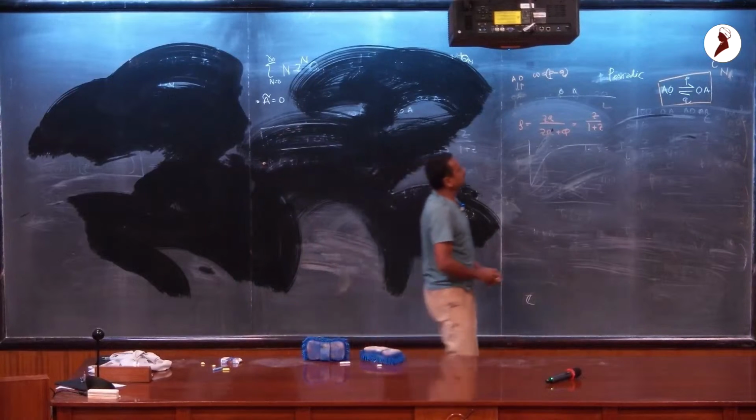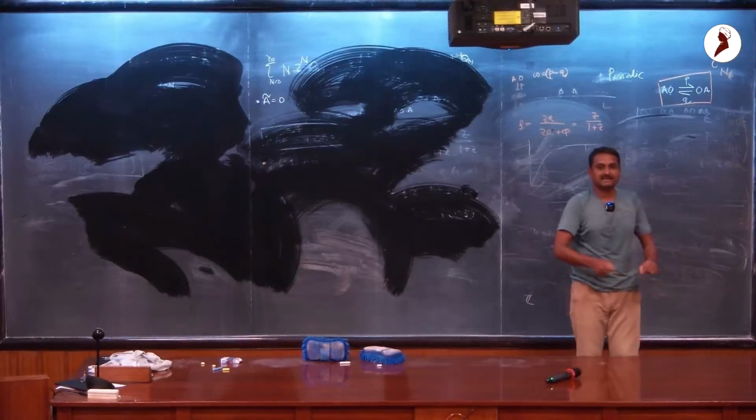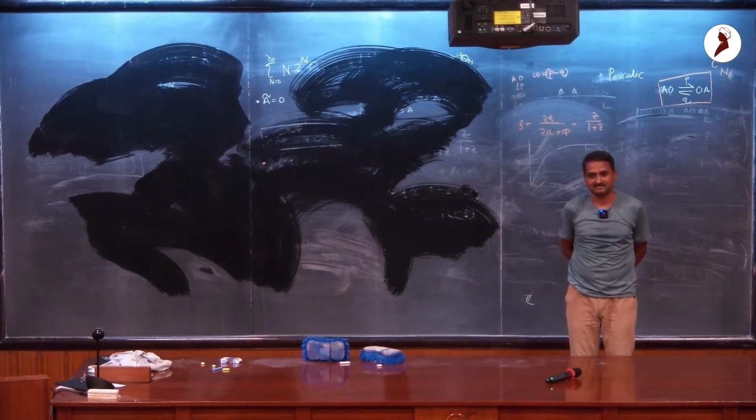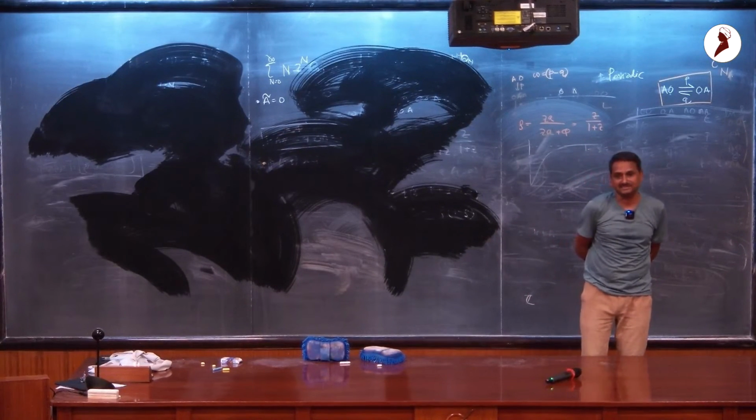So now you have this equation, but the lattice has more particles, one more species. There are A's and there are B's.